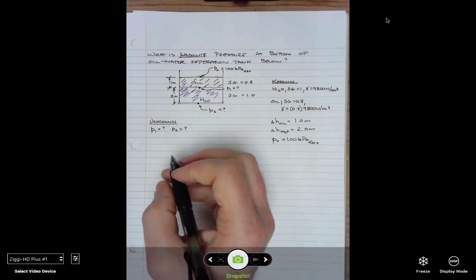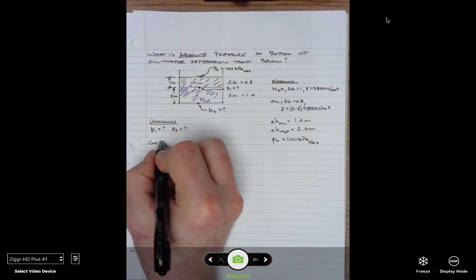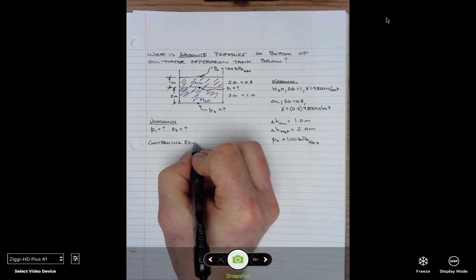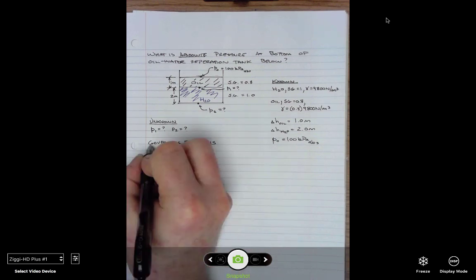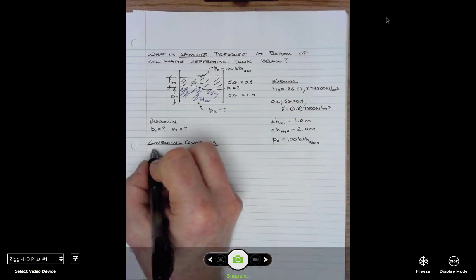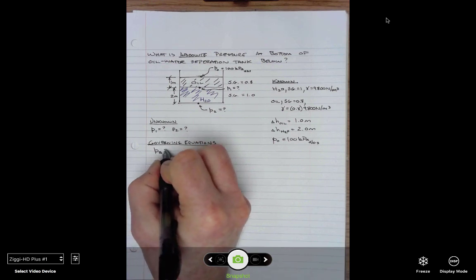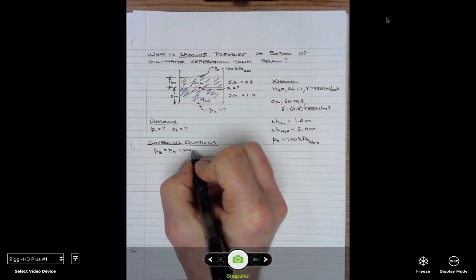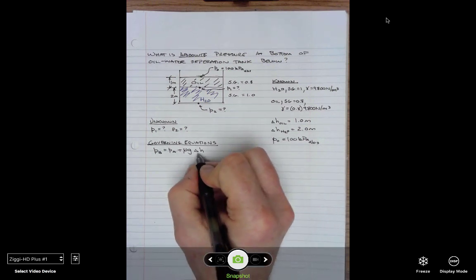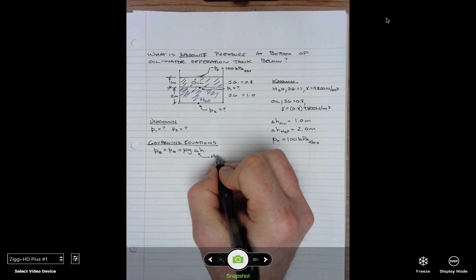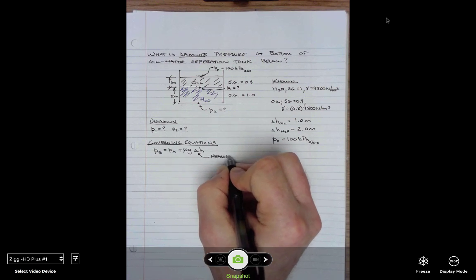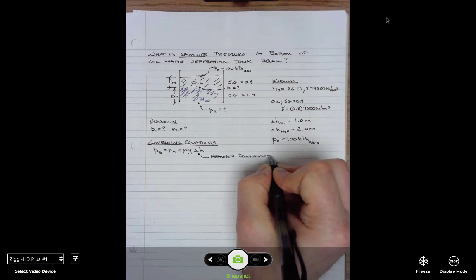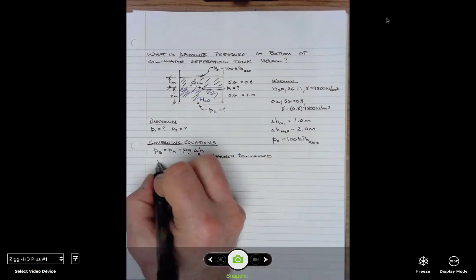Governing equations. Well, we're going to have PB equals PA plus rho g delta h, measured downward. We're going to use Pascal's law.